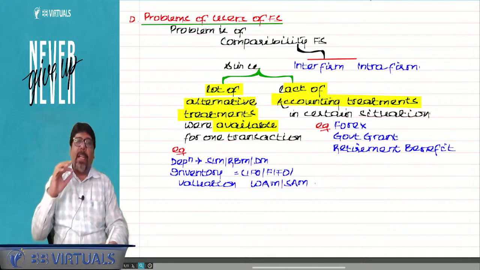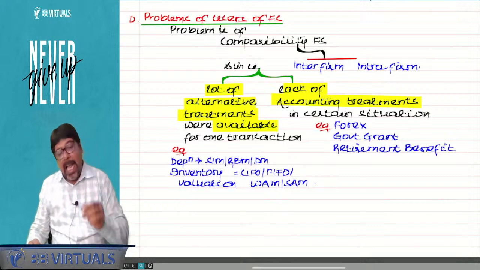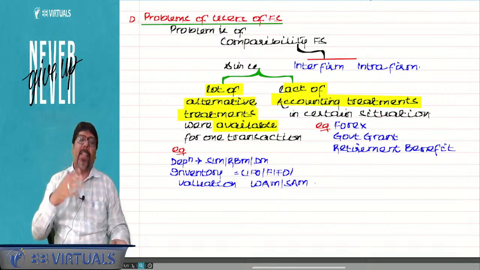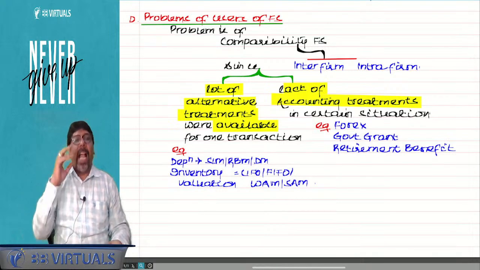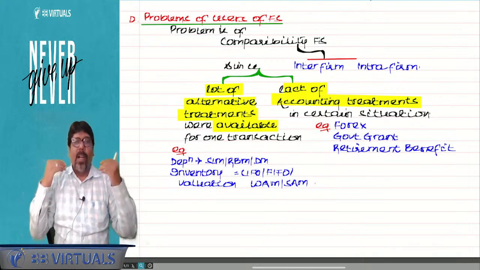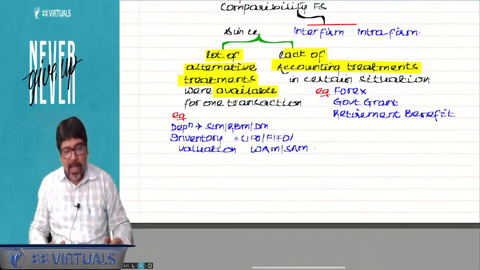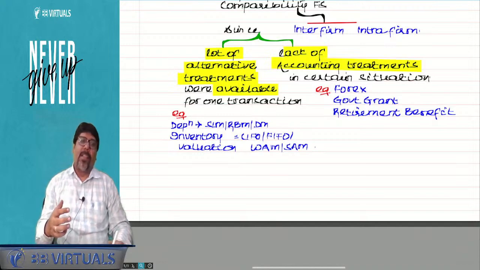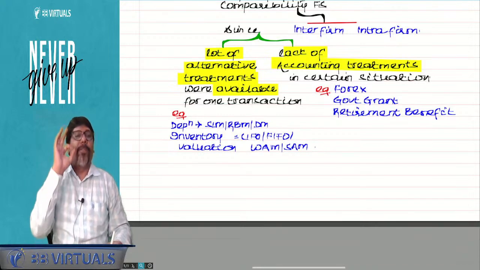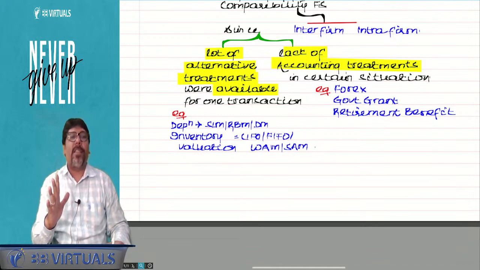Am I clear? And this comparability is possible if there is the same accounting treatment which everybody follows. There are fewer alternatives, and it becomes easier for us to understand. Hence, to solve this issue, accounting standards were made. So the first question is answered.